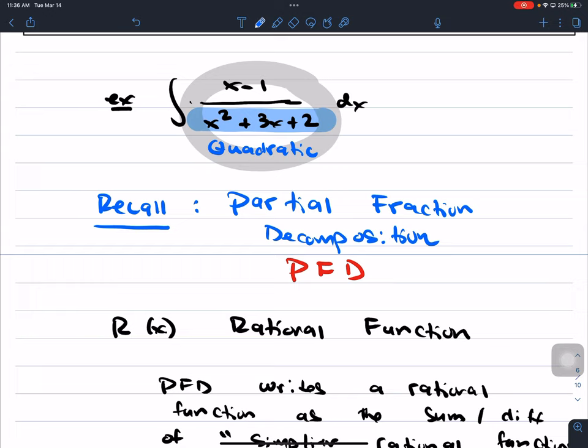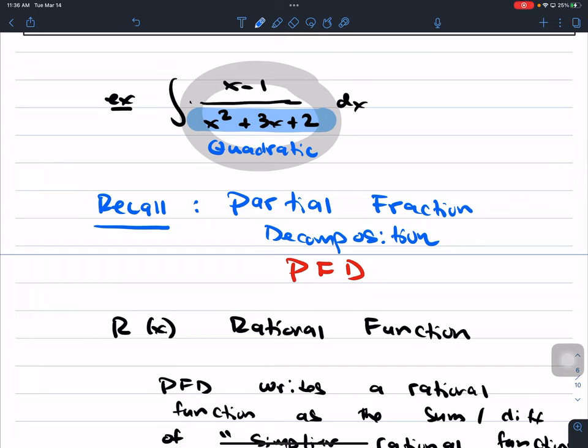So we started the partial fraction decomposition because some of these questions can be done by trig sub, but they can also be done probably more effectively by using what? Partial fraction decomposition, and that's the transition.